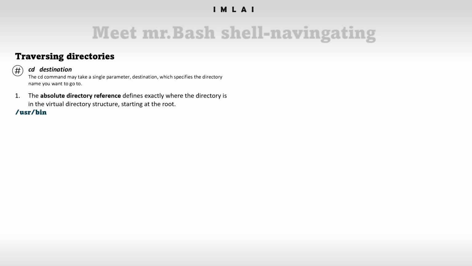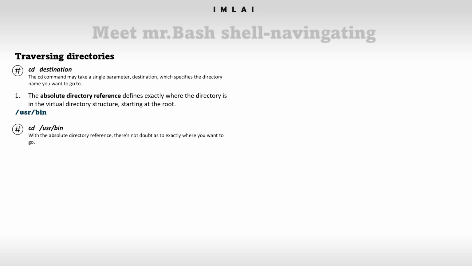The absolute directory reference defines exactly where the directory is in the virtual directory structure, starting at the root. Think of it as the full name for a directory. With the absolute directory reference, there is no doubt as to exactly where you want to go.